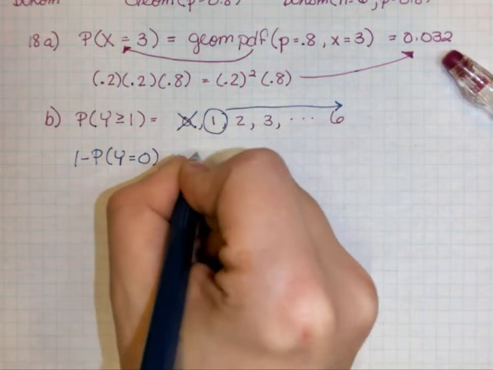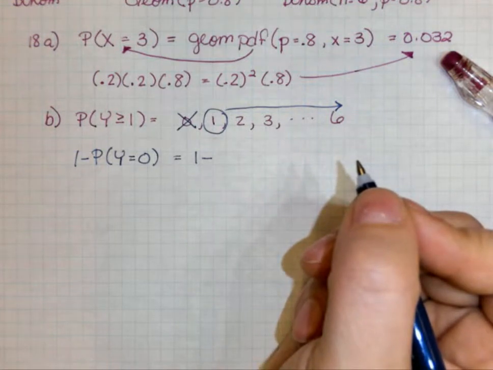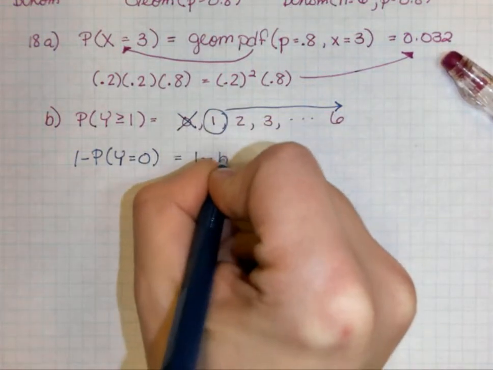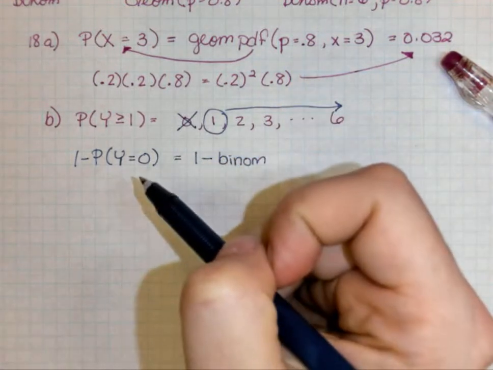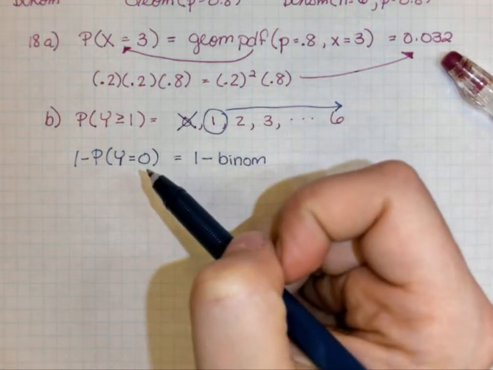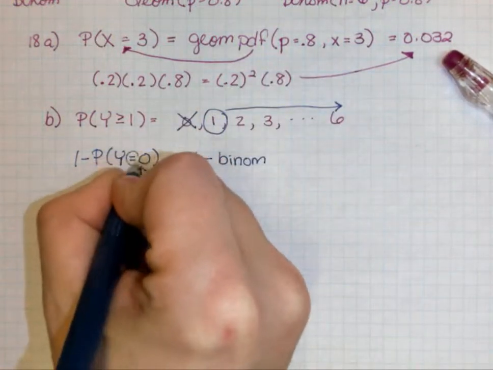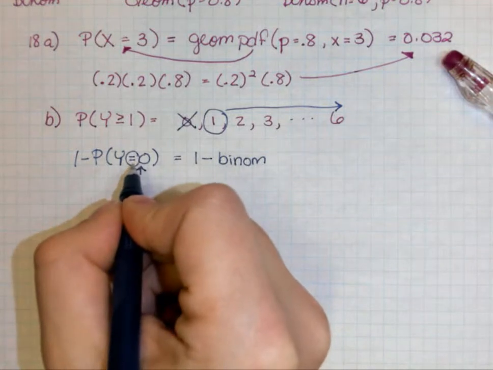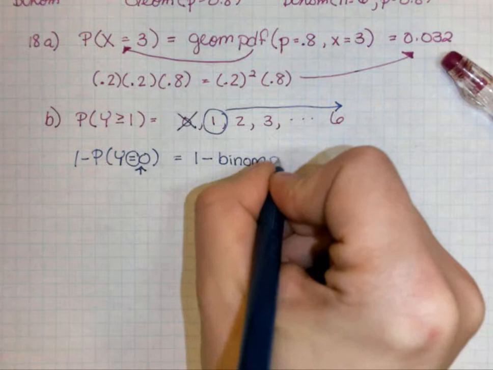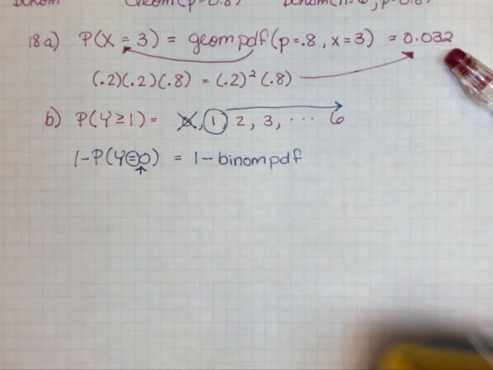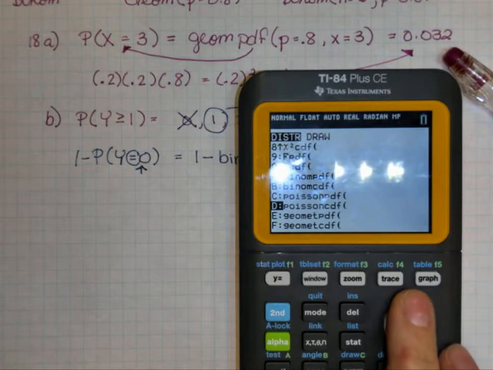So I'm going to turn this into 1 minus what type of distribution? Binomial. Binomial because we've got a set number of trials. PDF or CDF? PDF. And if I'm going through and writing this down, again, use your distribution to hint you as to what you need to write down.